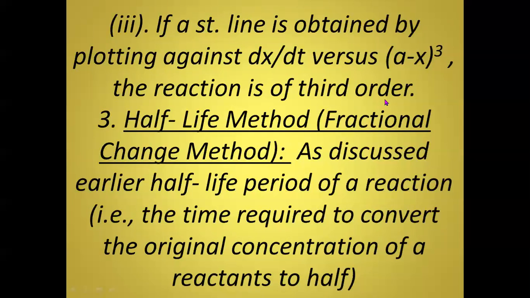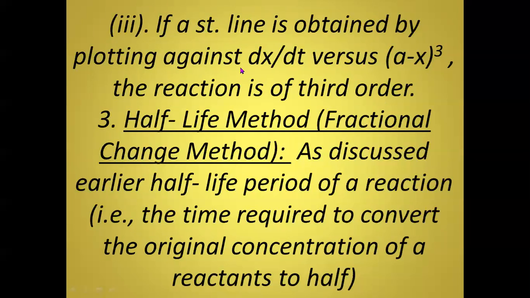That is, on the y-axis we will take 1 by a minus x whole square, and on the x-axis we take t. So we have to plot 3 graphs, and we have to see which one will give you a straight line, and then we can decide the reaction is following that order.